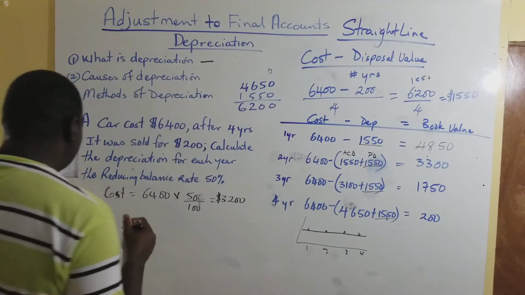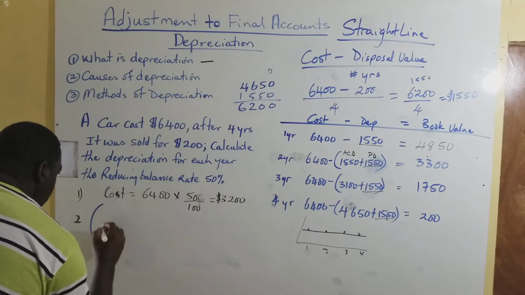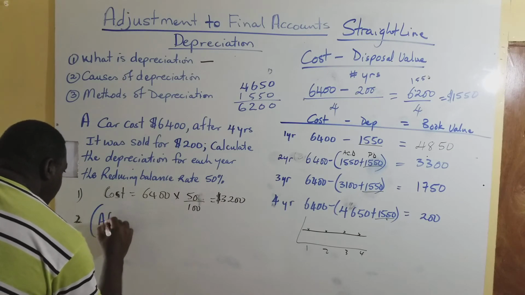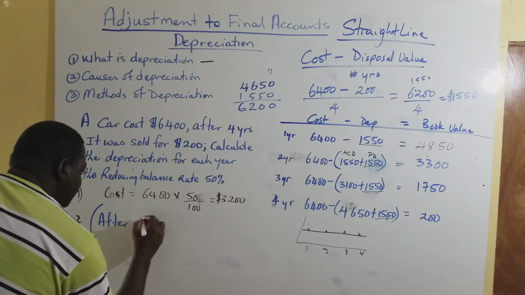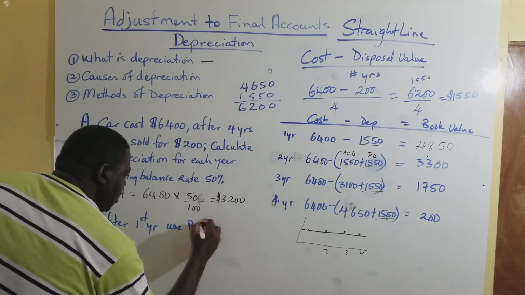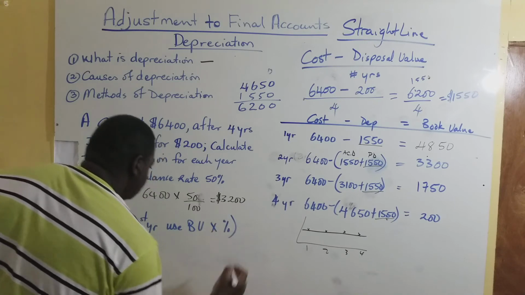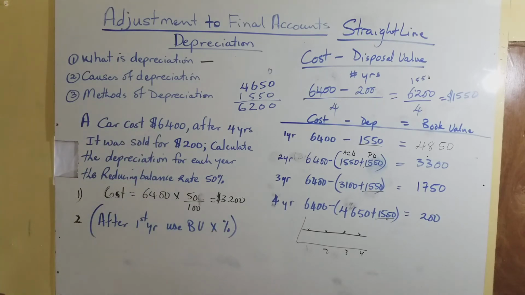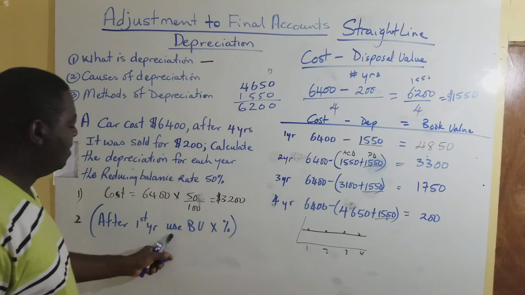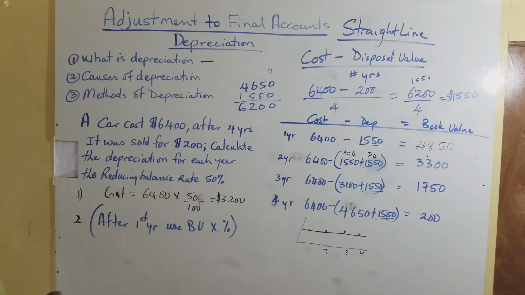Alright? So let me just write this right here so that you get it. After the first year, use book value times the percentage. So what would be the book value?